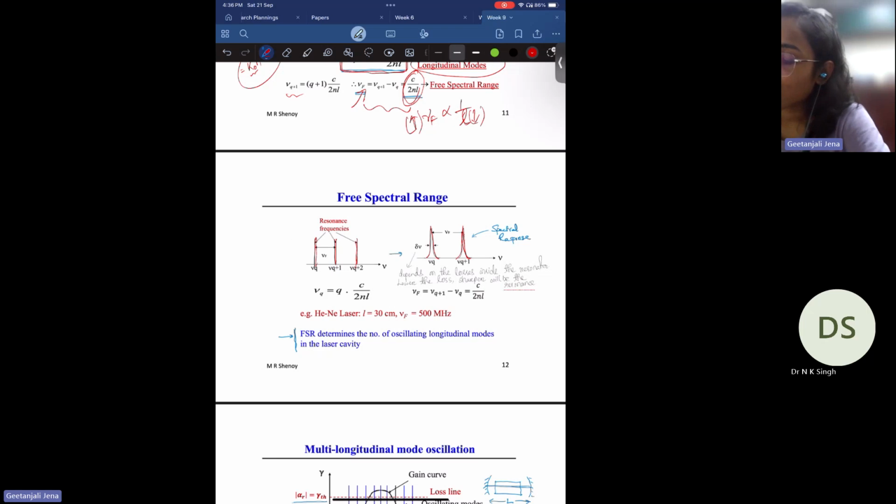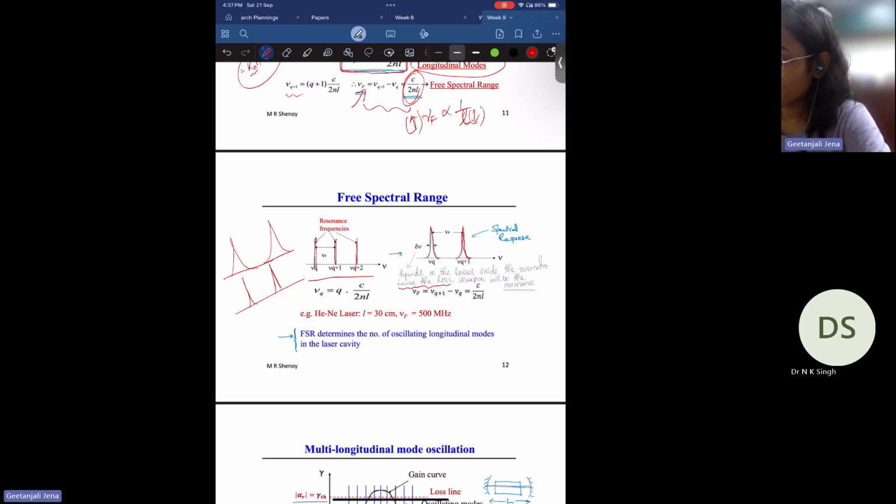The line width of these cavity modes depends on the losses inside the resonator. If you want a sharper resonance, we have to decrease the losses in the system. So by looking at the cavity modes, we can tell how lossy the system is. If the resonance is broader, the losses in the system are high, and if it is narrower, the losses are much less.